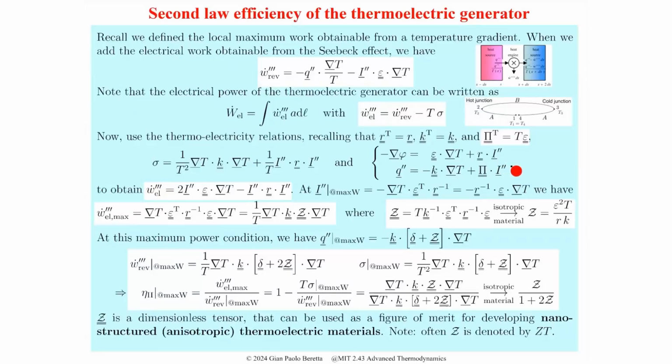So using that expression and substituting the thermoelectric relations, these ones, you find an expression for the actual electrical work. You can maximize it, so you find at which current density it has the maximum power.